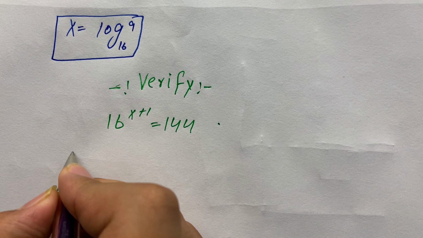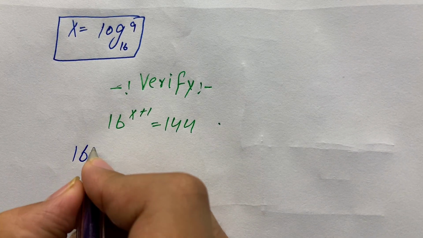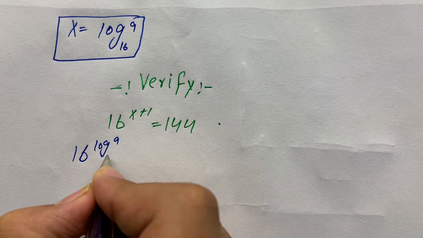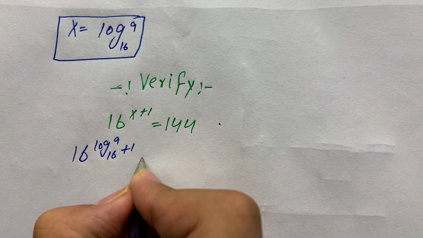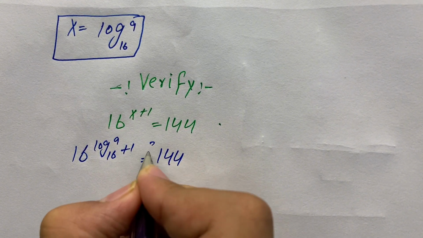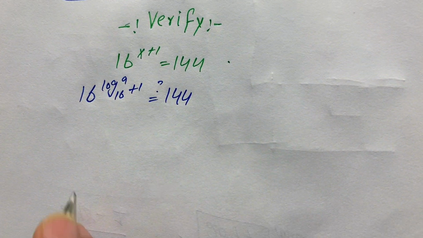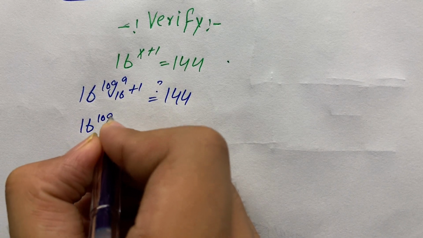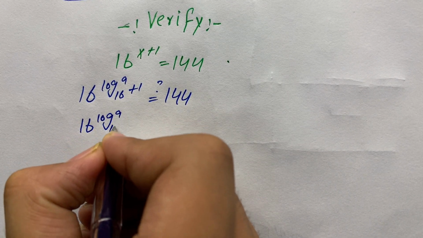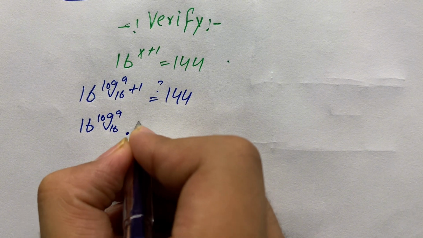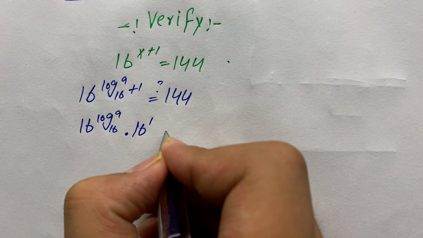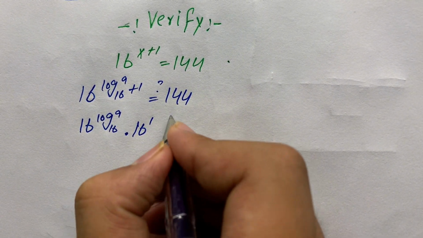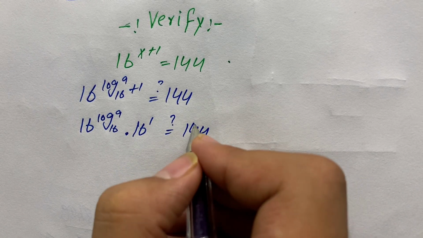16 to the power log of 9 base 16 plus 1 is equal to 144. In the next step, 16 to the power log of 9 base 16 times 16 to the power 1 is equal to 144.